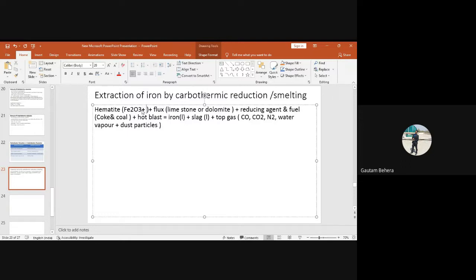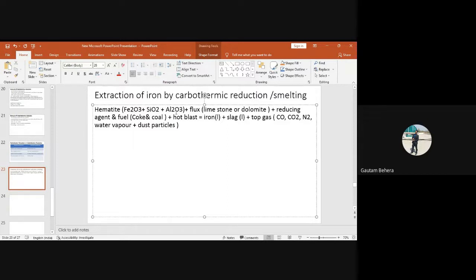You are forgetting the main thing, gangue. The gangue present here is silica, SiO2, plus alumina, Al2O3. The valuable ore mineral is Fe2O3, whereas the gangue mineral is SiO2 plus Al2O3.